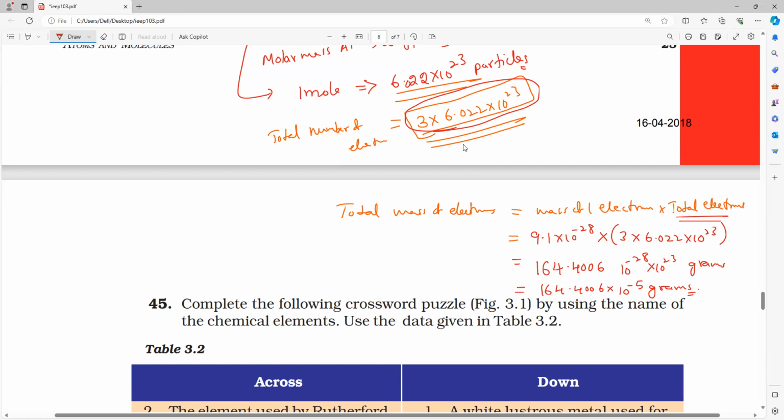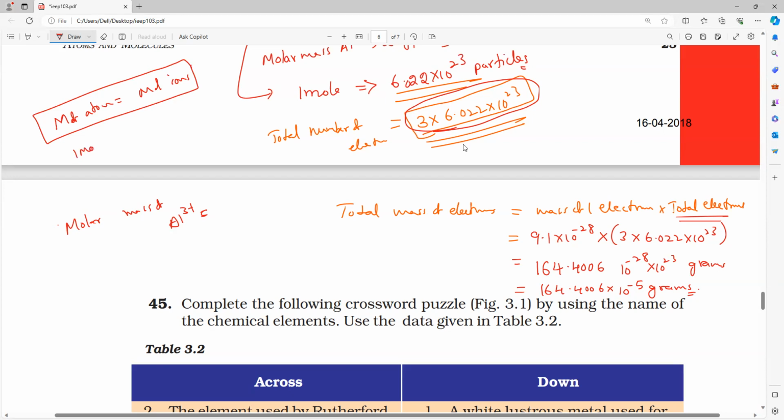So then we all know that, what is the molar mass of aluminum ions? Actually, what did we study? Molar mass of atom is equal to molar mass of ion, when we take one ion, but here it is many heavy.